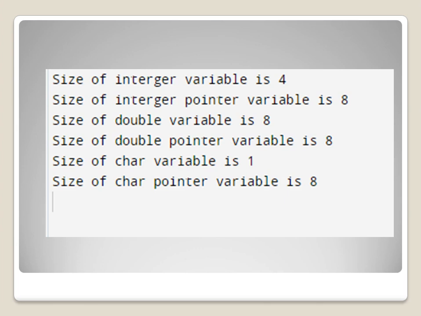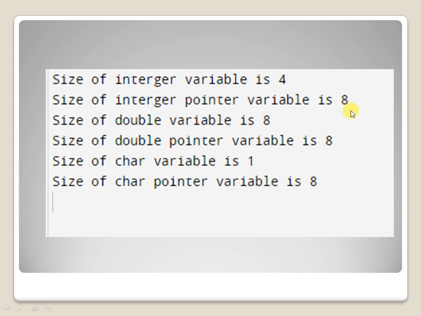Depending on the processor, the integer variable has size 4, the integer pointer is 8, the double variable has size 8, the double pointer is also 8, character is 1 byte, and the character pointer is 8, right?